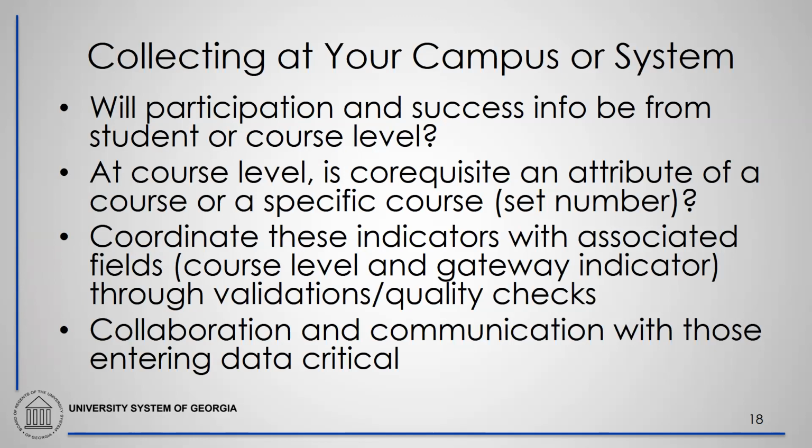It's important that whatever set of indicators you adopt, you make sure the associated fields are coordinated, and if you can, implement technical validations that make sure they stay aligned.